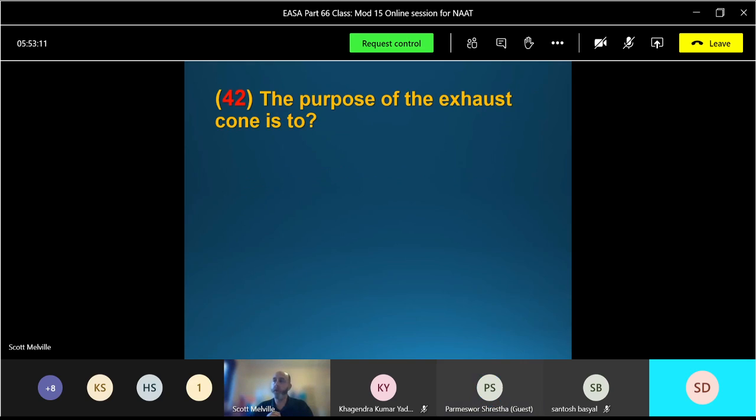And what's the purpose of the exhaust cone in an exhaust system? So what does the exhaust cone do? To absorb the acoustic energy. Say again? To absorb the acoustic energy.